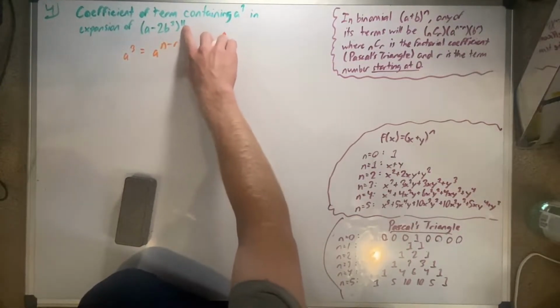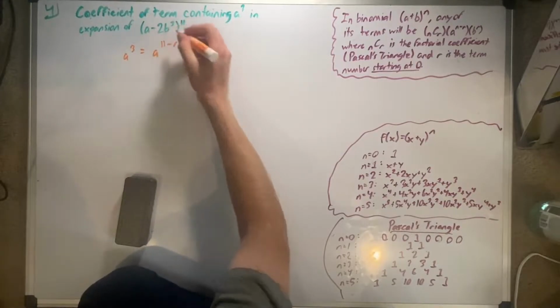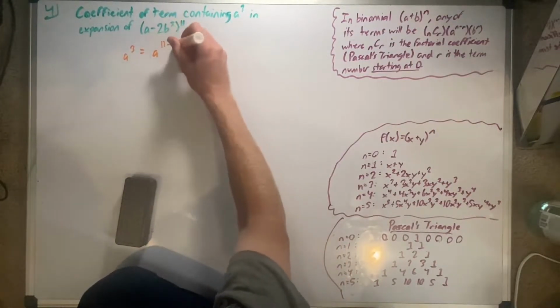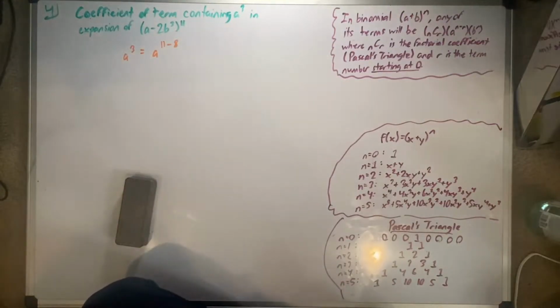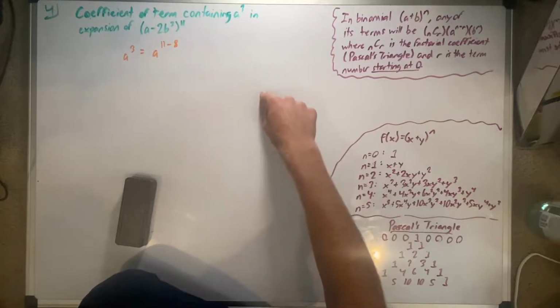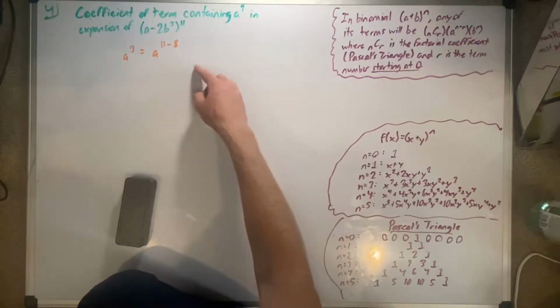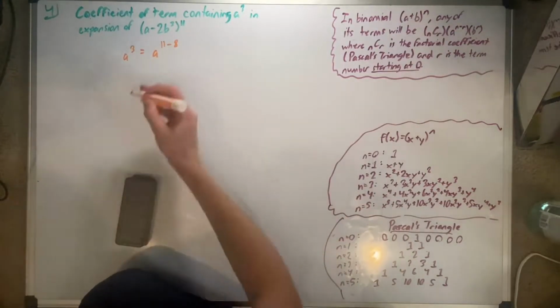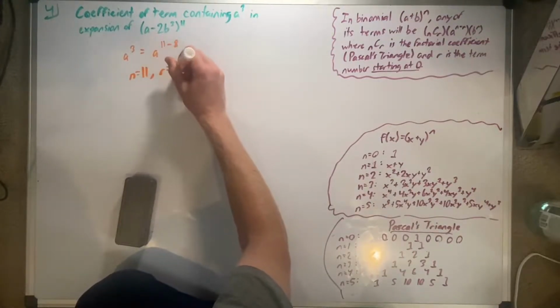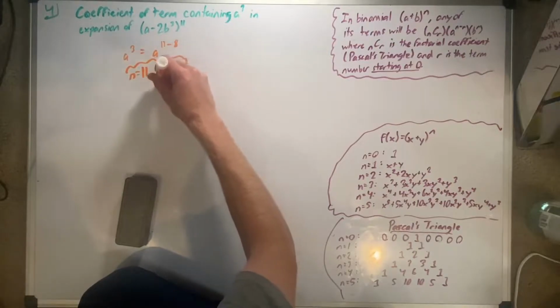We know n is to the 11th power, so this is 11 here. So we're looking for what term? We are looking for the 8th term, which if we think about it in literal terms, would be the 9th term out, because we count the first term as 0. But it's the 8th term according to this. So that means n is equal to 11, r is equal to 8. It's important to note this.